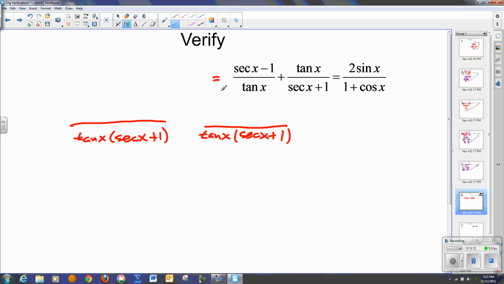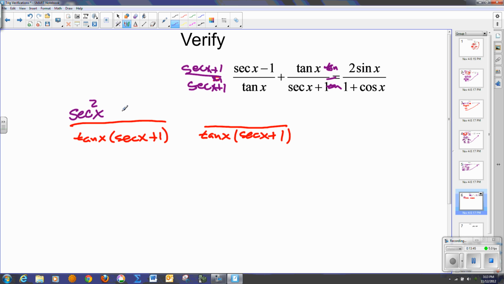So since I know that's my common denominator, this first term here is going to need to be multiplied by secant plus 1 over secant plus 1. Second term is going to need to multiply by tangent over tangent. So when I do that, I'll multiply this out. That's secant squared of x plus secant minus secant.